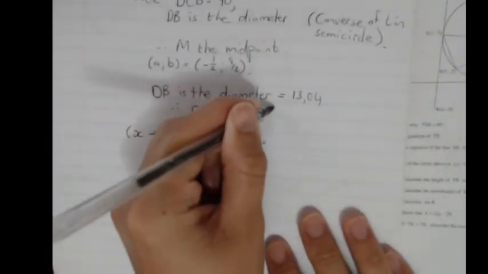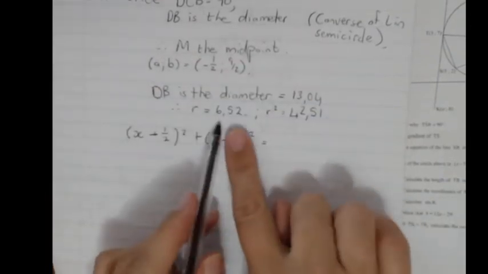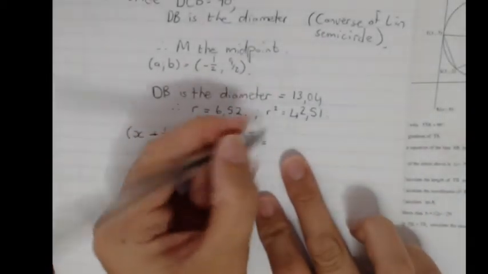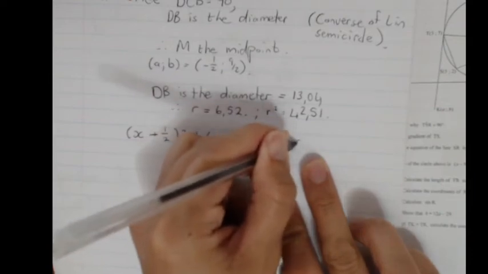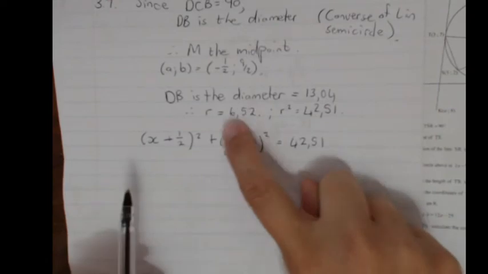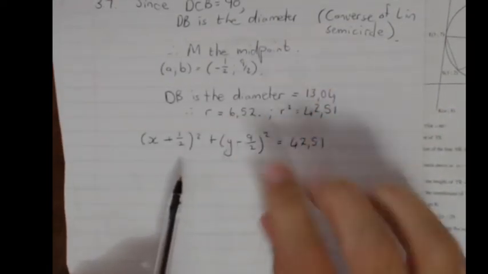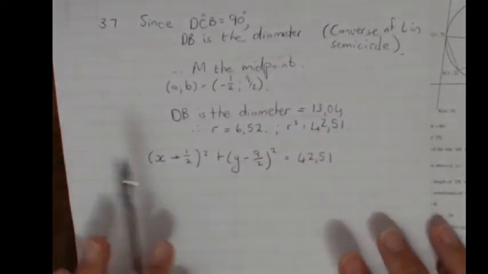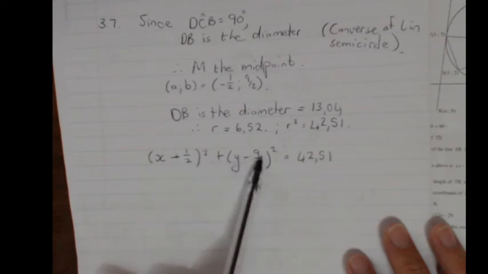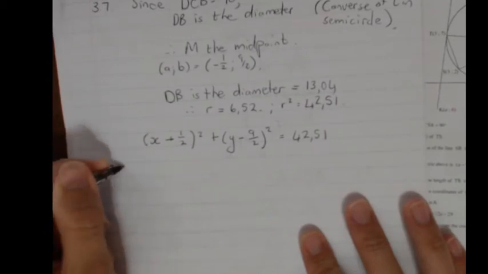I'm also going to put it there just for the person marking: if there's a mistake somewhere, you can see this is what I got as my radius, this is what I got as my radius squared. If this is not the same as on his memo, maybe I made a mistake somewhere, but he can at least see that I worked out the correct thing here to still get the marks. All right, so (x minus a) squared plus (y minus b) squared is equal to radius squared. There's my circle equation.